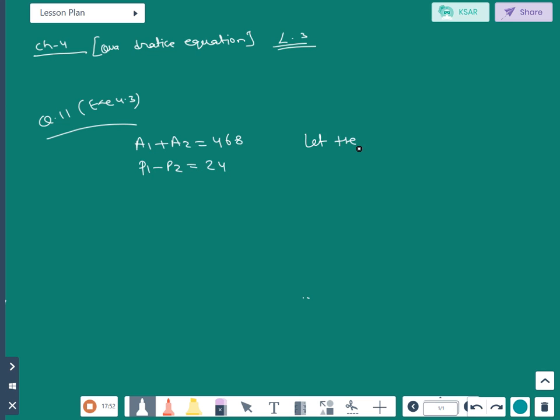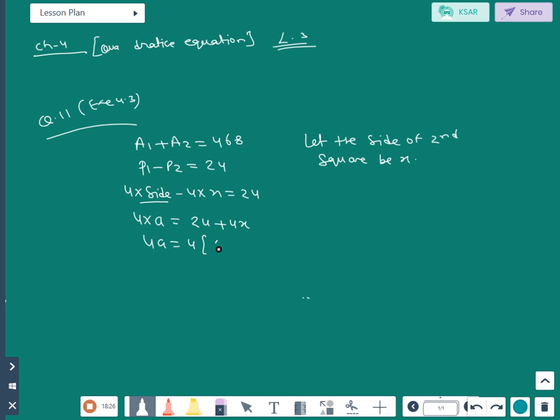Let the side of the second square be x. Then what is the perimeter, students? 4 into side minus 4 into x is equal to 24. Which side did you consider? The side of the first square is a, and the side of the second is x. So 4 into a is equal to 24 plus 4x.